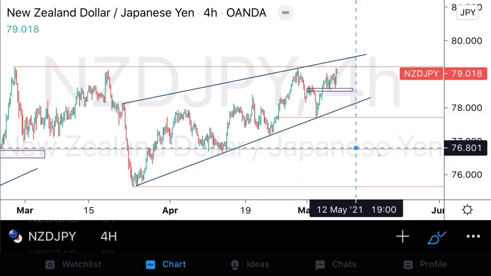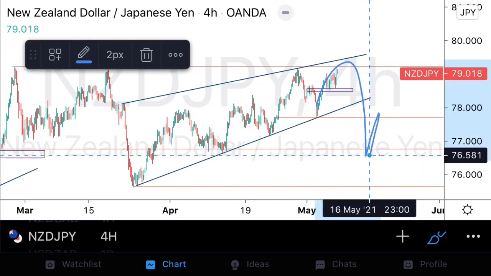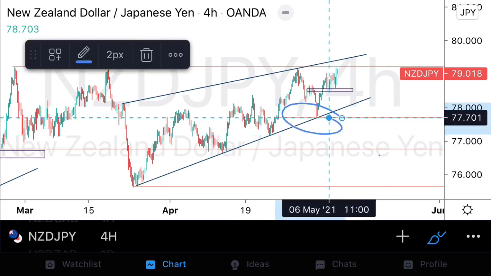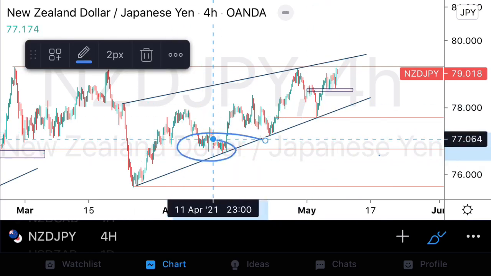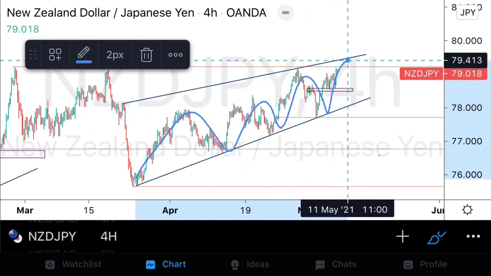So I want to be involved in long-term higher time frame momentum, and we do see the potential for NZDJPY to make that push to the downside, obviously grabbing all of the liquidity below all of these equal lows that have been formed on the way to the upside.